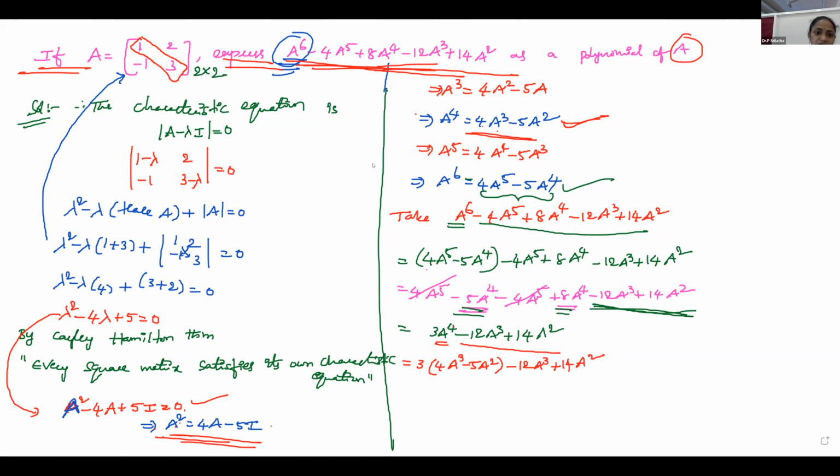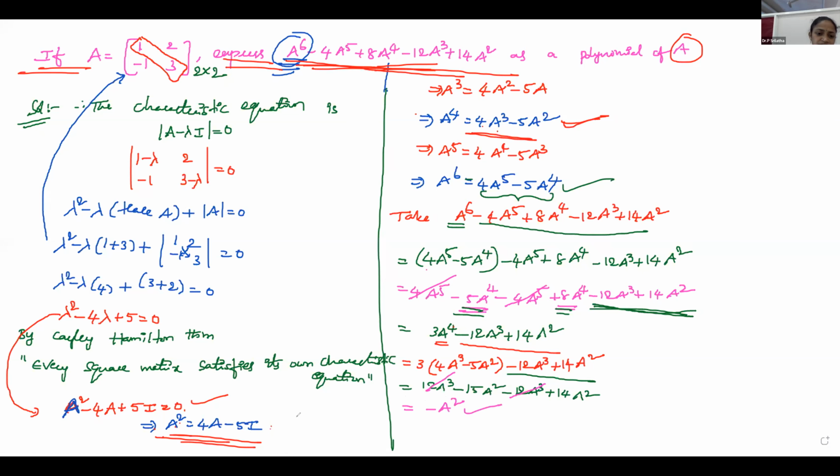Now again we have to simplify that one. So 3 into 4a cube is 12a cube, minus 15a square, then the remaining polynomial, minus 12a cube plus 14a square. After simplification, we'll get 12a cube cancels, and minus a square. So what is the value of a square?